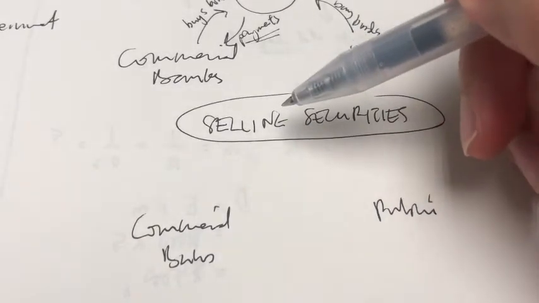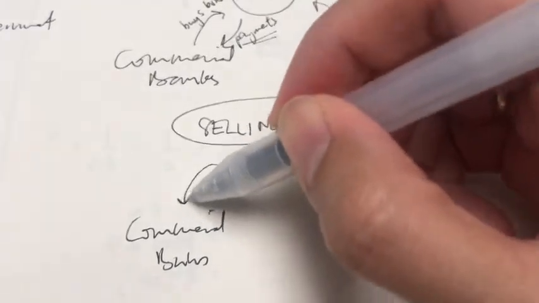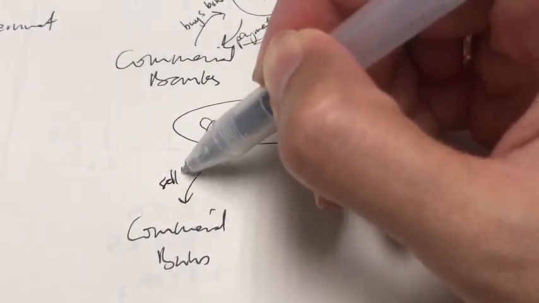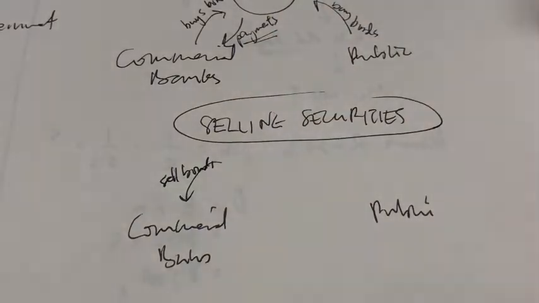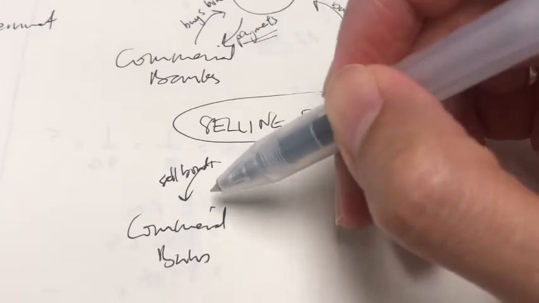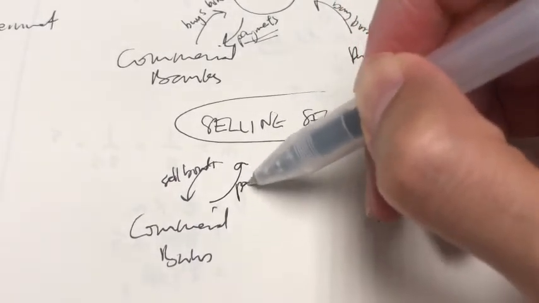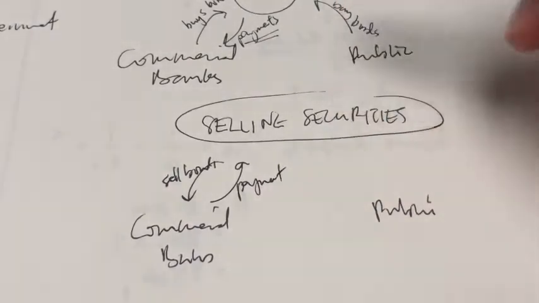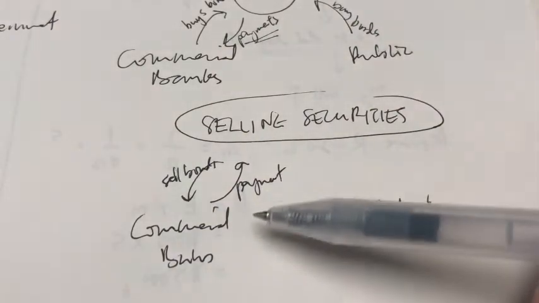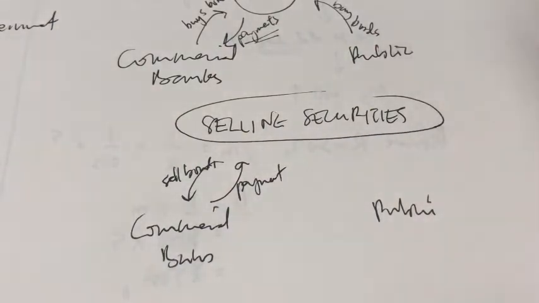By selling securities, the central bank will be the one selling the bonds or securities, and now the commercial bank would be the one to make payment to the central bank. So just try to reverse everything that we've seen just now.